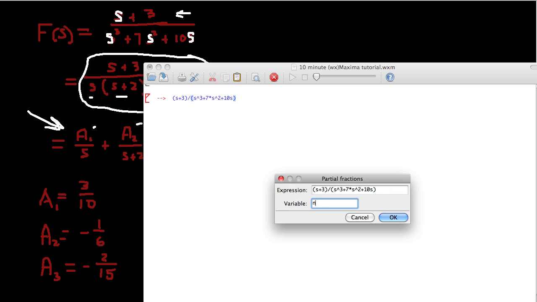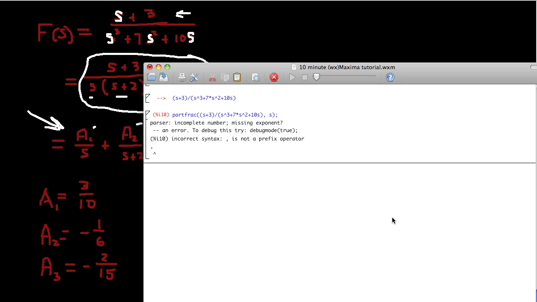And it has a variable n. I don't want variable n. I want my variable to be s. So I want to do the partial fraction expansion of s plus 3 divided by s cubed plus 7s squared plus 10s. That looks right. So let me hit OK. OK. Incomplete number, missing exponent. Looks like I have some kind of an error here.